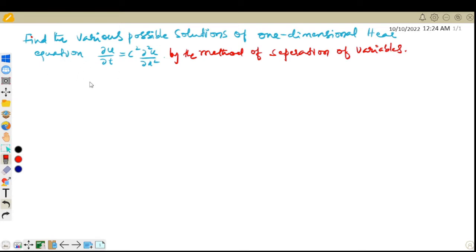Now this is also a very easy one. We are using the separation of variables method.